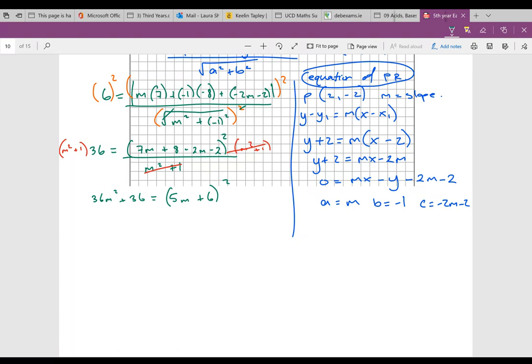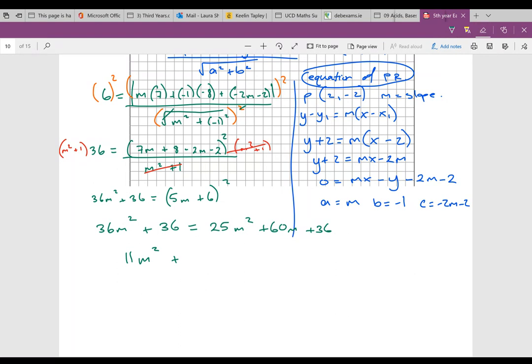Then I have 36m squared plus 36 is equal to, when I multiply this out, 25m squared plus 60m plus 36. So just be careful with your multiplying. Rearrange it, and I should get 11m squared plus, so just double check I'm right on this, 11m squared.